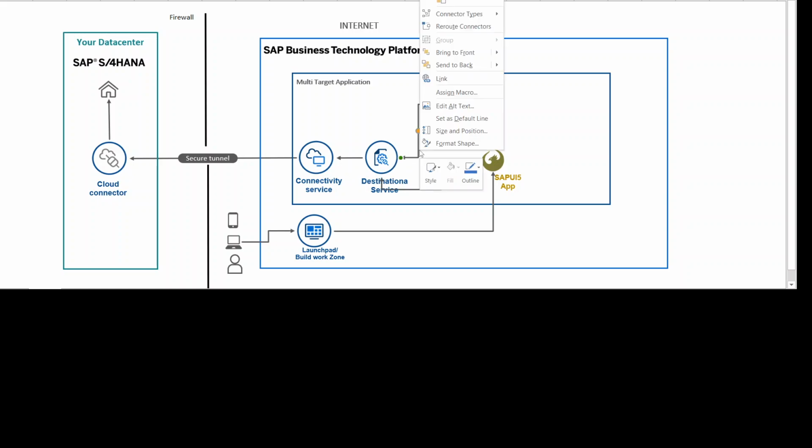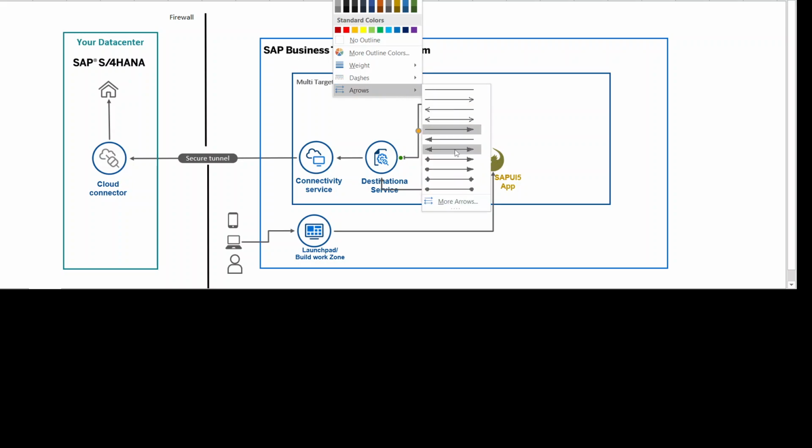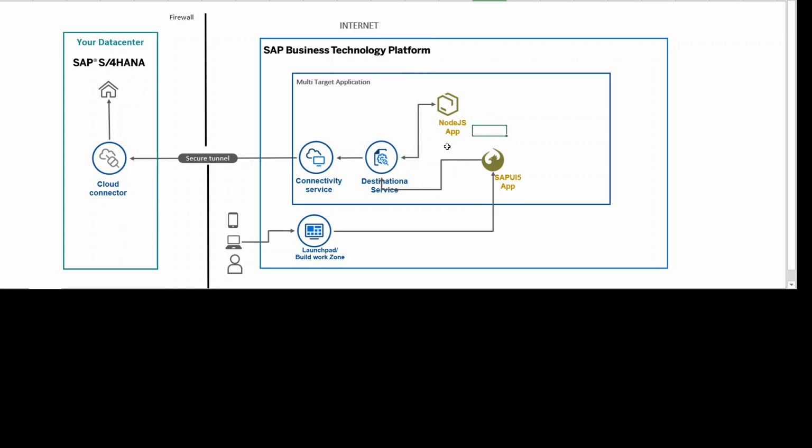So this is a two-way connection, so let's change the arrow mark. The destination service will internally redirect requests coming from the SAP UI5 application to the Node.js that we have. Just rearranging a few things so that these things happen within our applications.